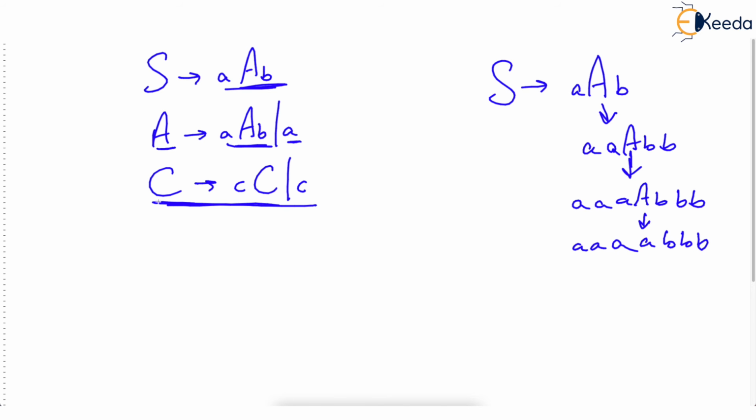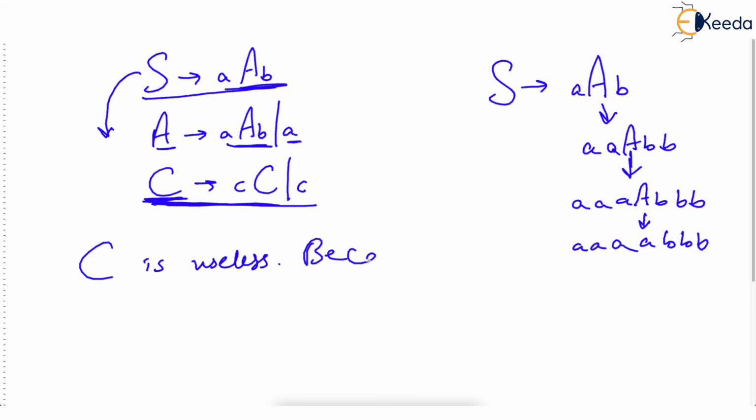That means C is not reachable from the start symbol. When you start the derivation, any path you take, C won't occur in the derivation. So C is useless. Correct?